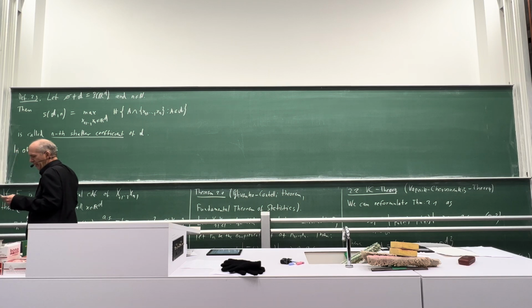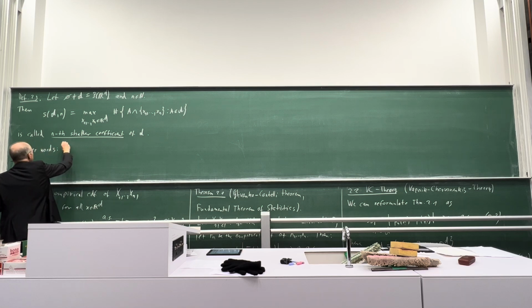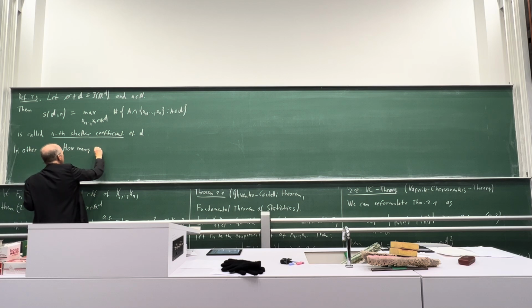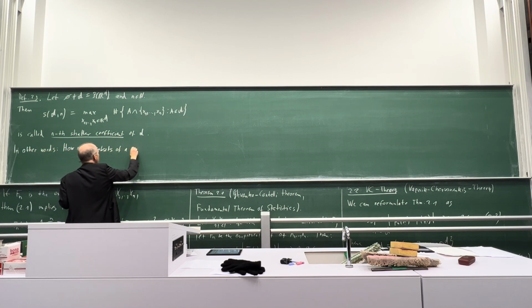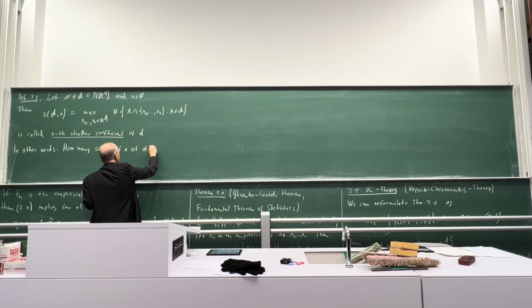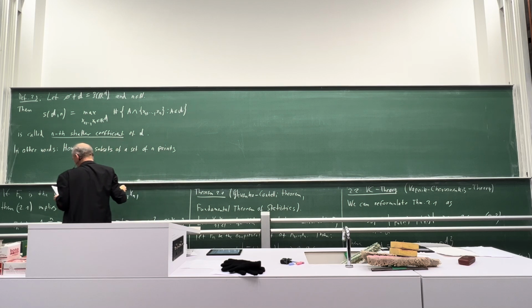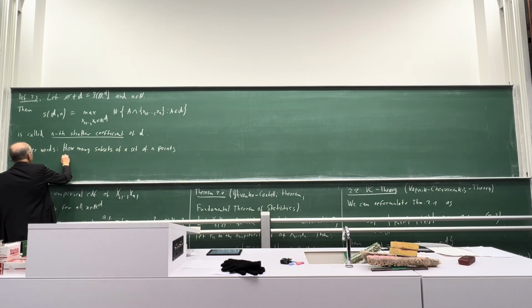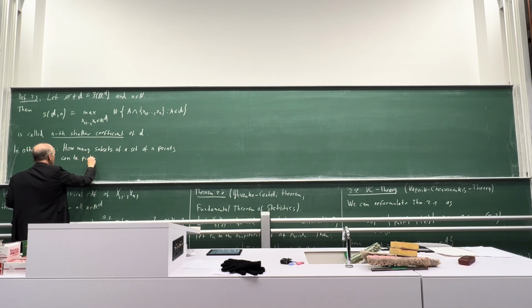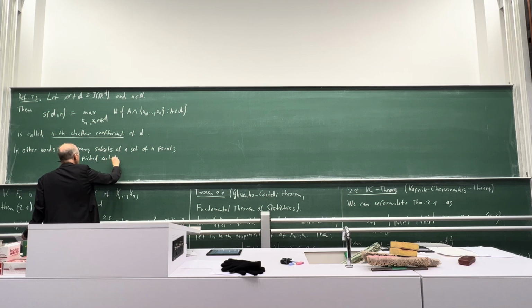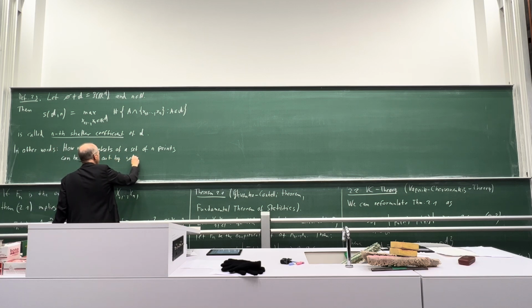How many subsets of a set of n points can be picked out by sets of A?